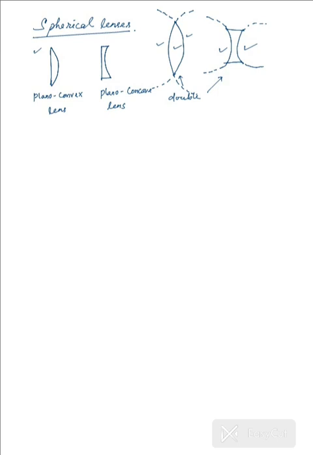That is, if you have somewhat this kind of a shape where you have a convex surface and then a concave one, then we call this a convexo-concave lens.